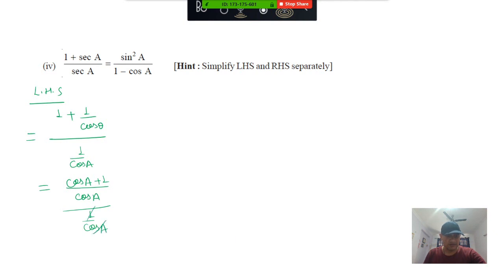Cos a gets cancelled. This becomes 1 plus cos a. Clear? Here we have to simplify LHS and RHS separately. Now I will solve the right hand side and we'll check that we are getting the same term or not.